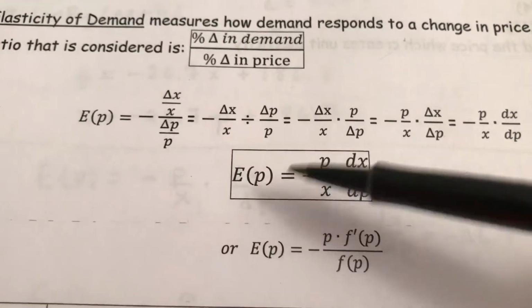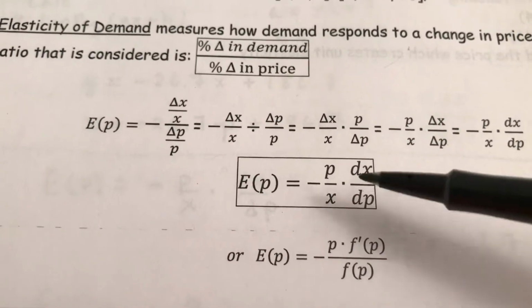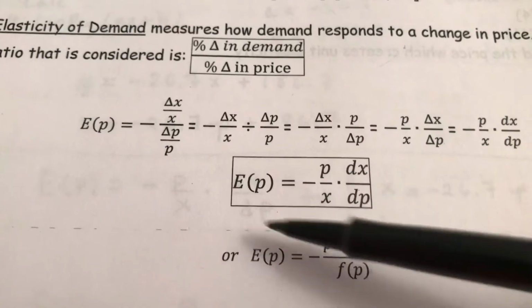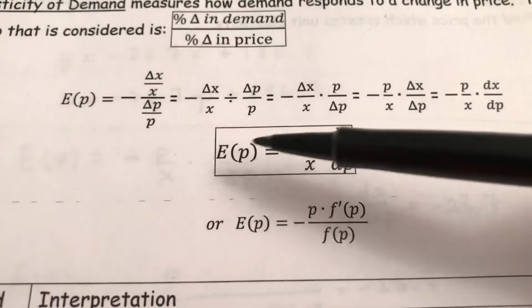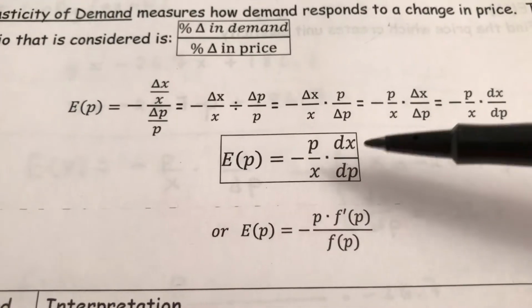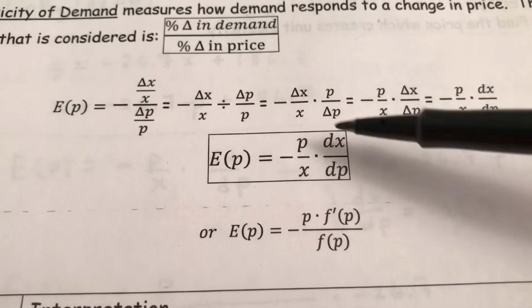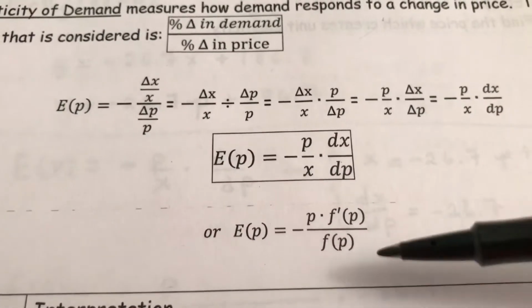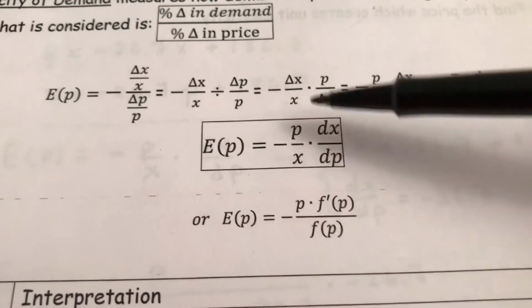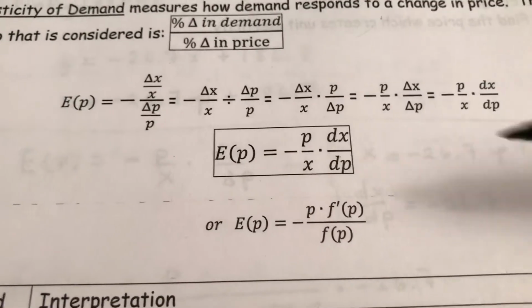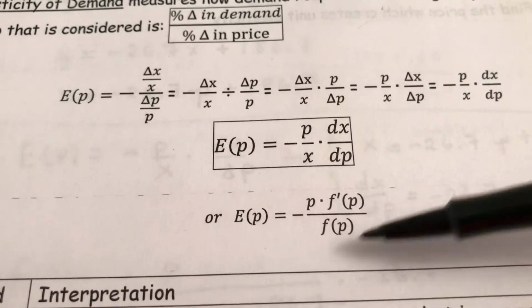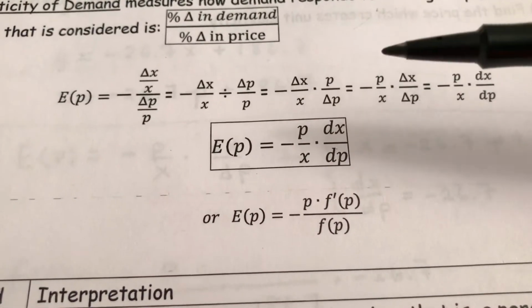E of P is equal to negative P over X times dx dp. Now I do know that I have variable X in here as well as P, but when we do this problem, we are going to use this. Now I think Math Excel might be using this more, but I like this better. So just note that Math Excel will be using this because everything's in terms of P.